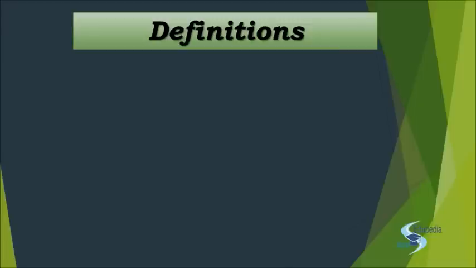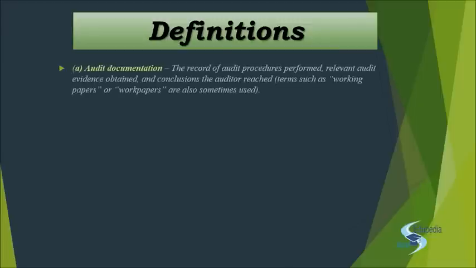So the first definition that you have is the definition of audit documentation, right? And it includes exactly the three things that we have decided. What it says is that it is the record of audit procedures performed, relevant audit evidences obtained, and conclusions the auditor reached, right? And these audit documentations are also sometimes termed working papers or work papers, right?